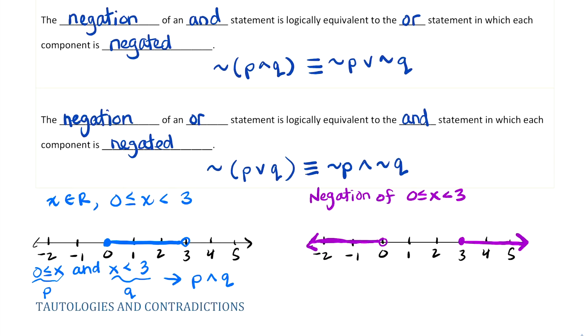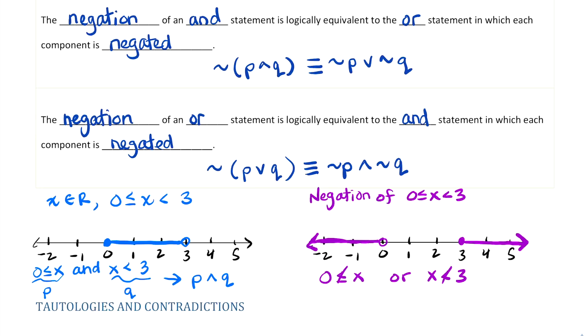That would mean that we would not want 0 to be less than or equal to x. What else would we have? We would have, or, we wouldn't want x to be less than 3.